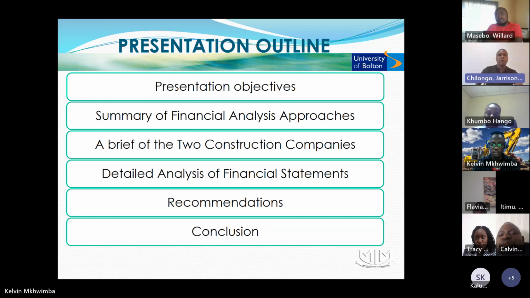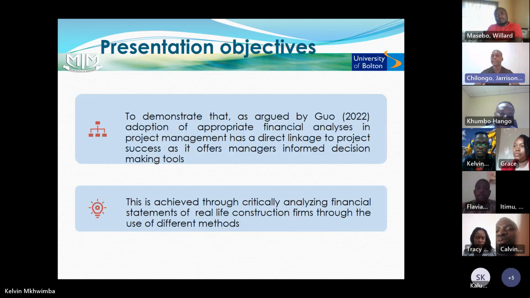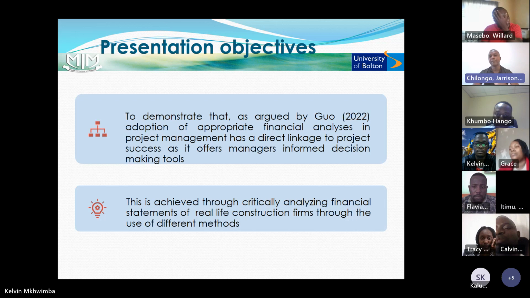With regard to presentation objectives, we intend to demonstrate that adoption of appropriate financial analysis methods in project management has a direct linkage to the success of the project and gives the managers an opportunity to make decisions based on figures or proper decision making tools, based on the information available and prudence in the financial statements themselves.